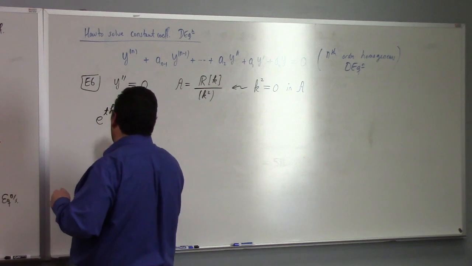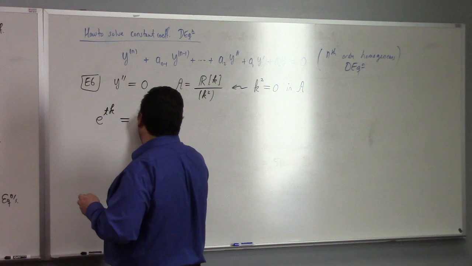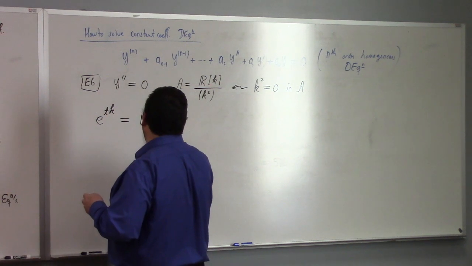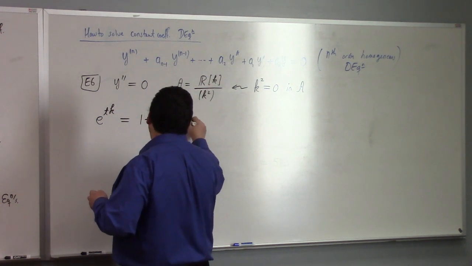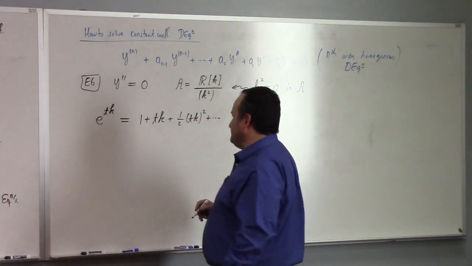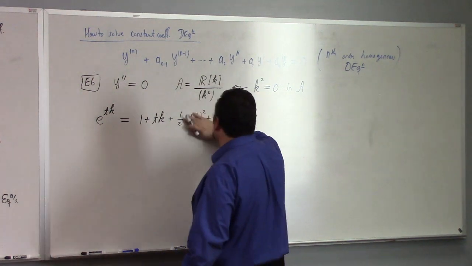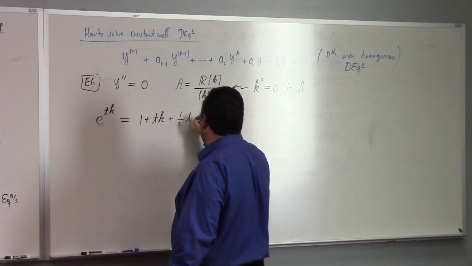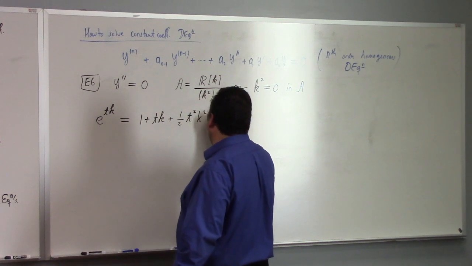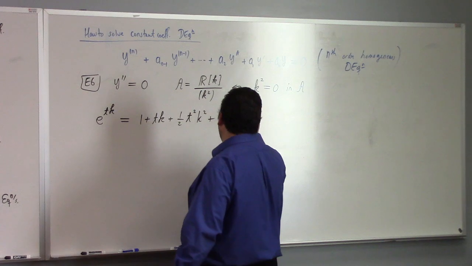So you know how the exponential works. What's the rules for exponentiation? So this is like, 1 plus tk plus 1/2 tk squared, right? Plus dot dot dot. Of course, tk squared we could also write as t squared times k squared, right? And then the next thing would be like 1 over 3 factorial t cubed times k cubed.